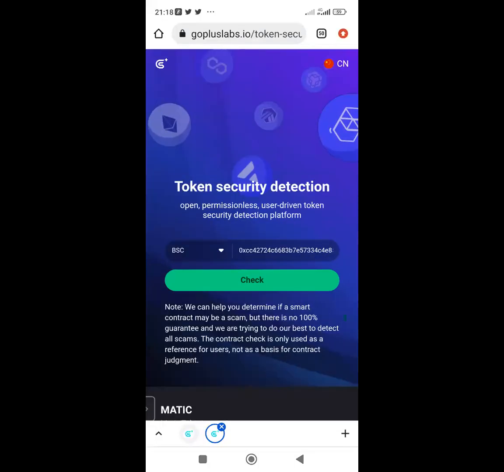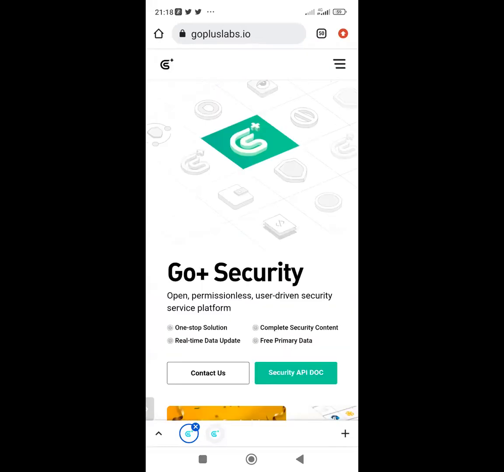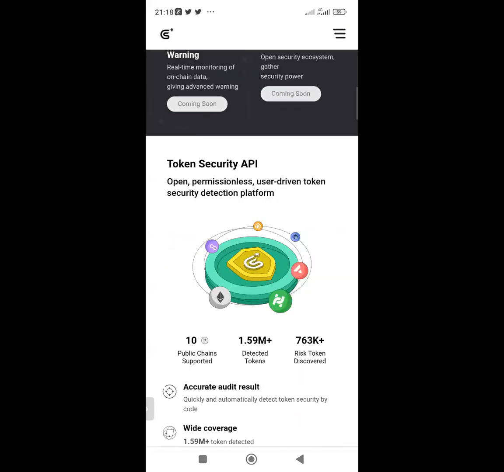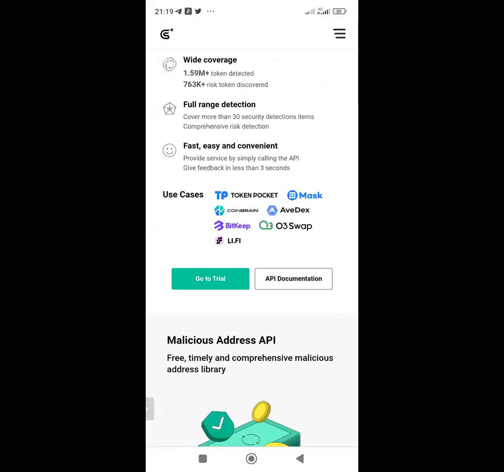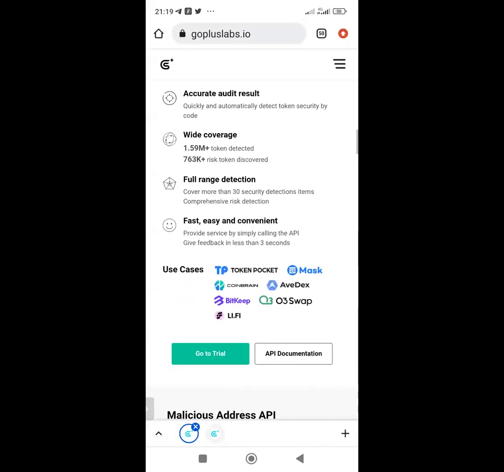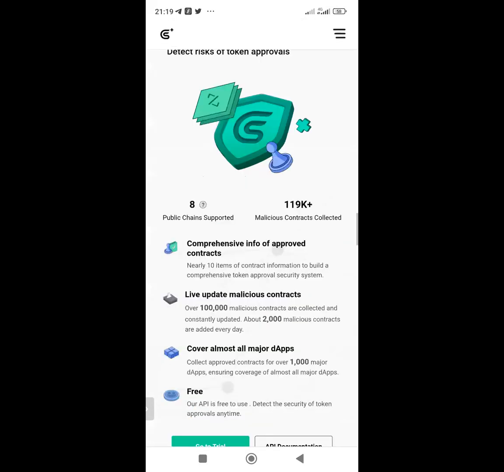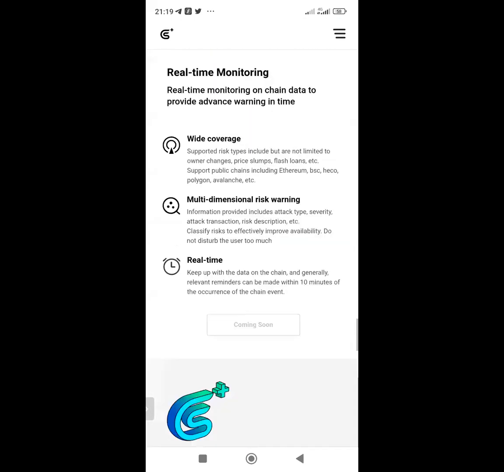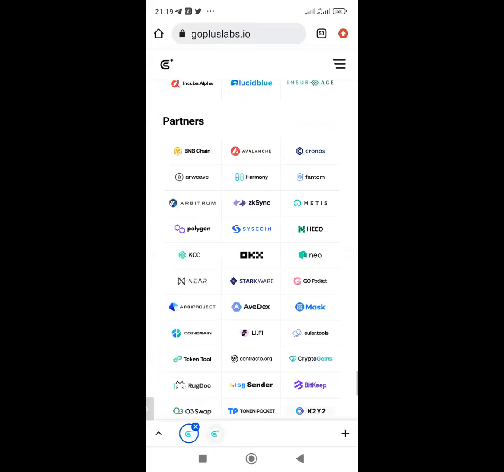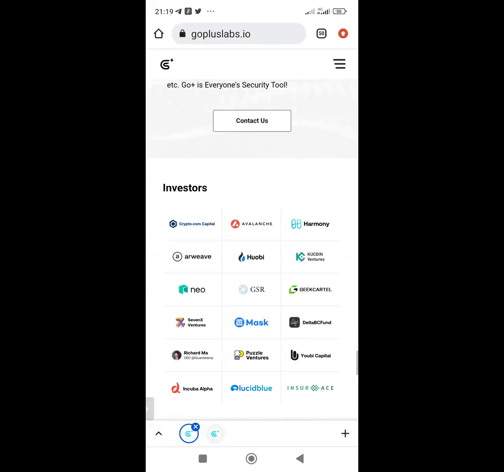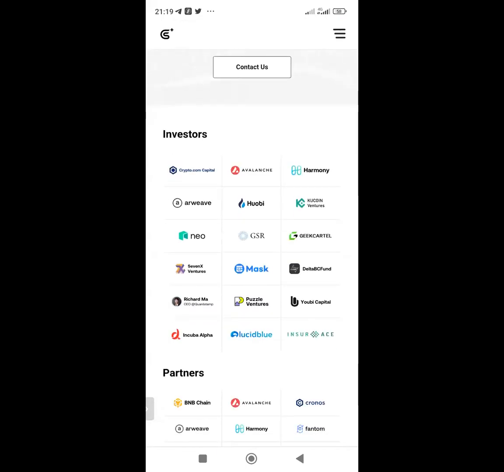Wallets that support Go Plus Security include Token Pocket, MathWallet, CoinBrain, Avedex, Bitscape, all these ones. KuCoin also supports them at the level of their investors. They invest their money too. You can see among the investors, KuCoin Ventures is there. A lot of them put their money in.